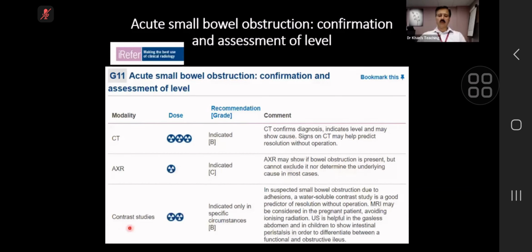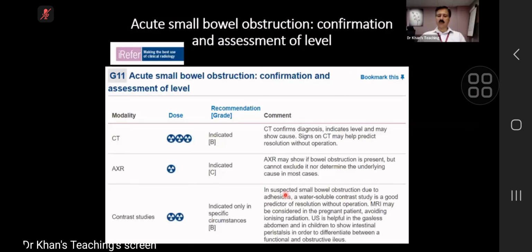Having said that, look at the role of contrast studies. If suspected small bowel obstruction due to adhesions, I will come back to this point, adhesions. A water-soluble contrast study is a good predictor of resolution without operation. Now, this concept is asked in the exam. Please remember that the most common cause of small bowel obstruction are adhesions.